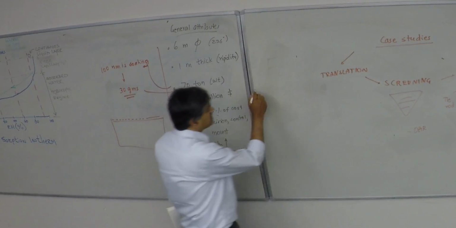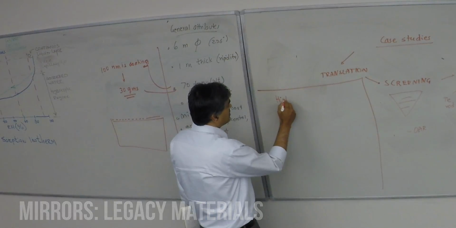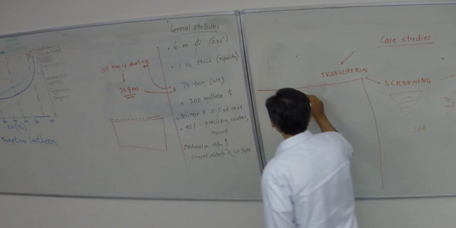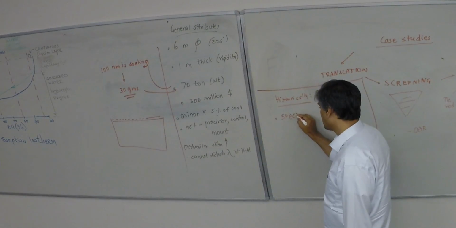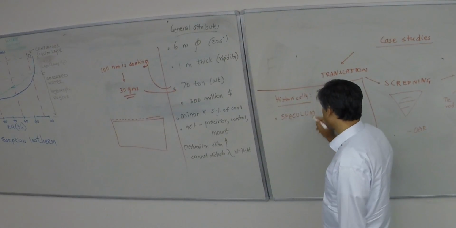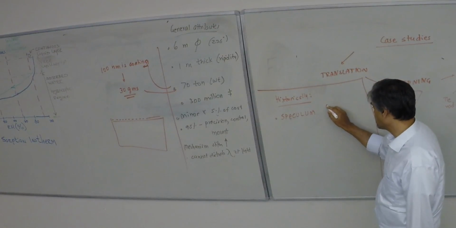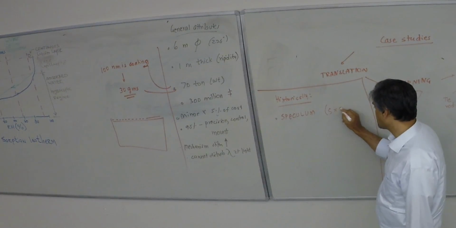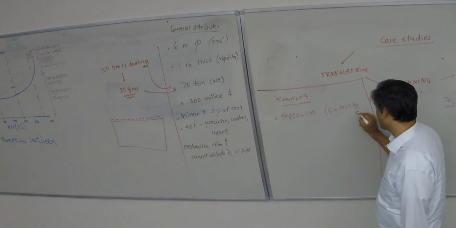So historically, these mirrors were produced with the base being speculum. Speculum is a metal which is like steel in those days. So the density of this is about the same as steel, 8,000 kg per meter cube.